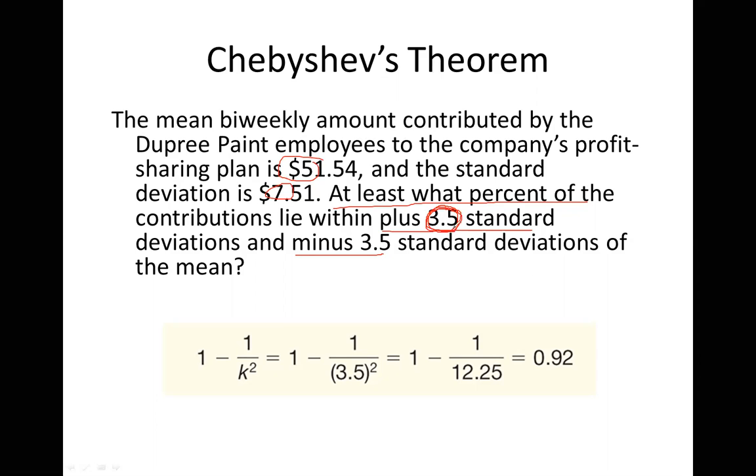When k is greater than 1, we can use the Chebyshev theorem: at least 1 minus 1 over k squared. So the percent is greater than or equal to 0.92. So 92% of the data will be within mu minus and plus 3.5 standard deviations. Okay, so that's the idea.